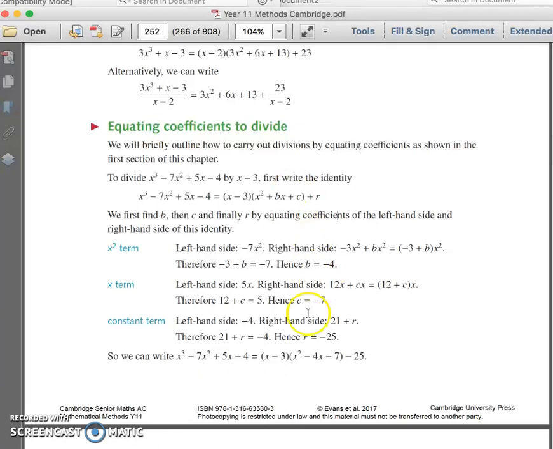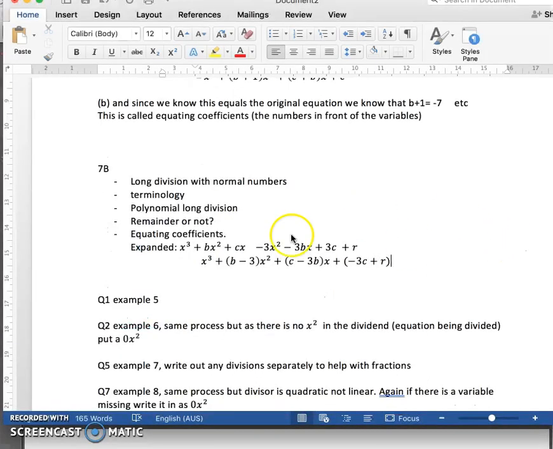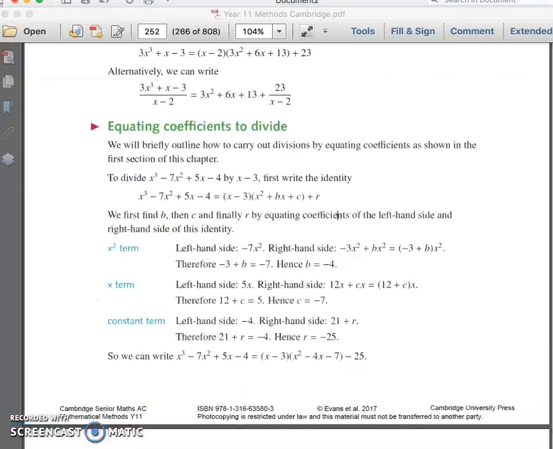So something they don't do, and something I definitely like to do, is to expand this right hand side. So here it is, and sorry you can't see both at the same time, but I'm doing x times by everything here, and negative 3 times by everything here. The remainder, the r, isn't getting multiplied by anything. It's not part of this multiplication process. It's an addition on the end.